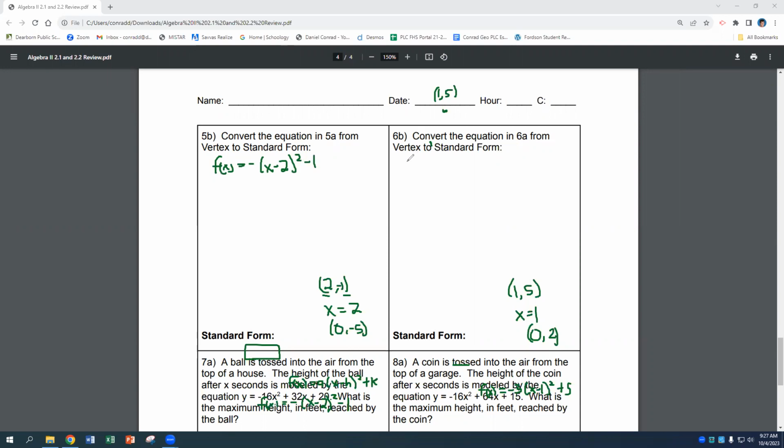And then over here we had f of x equals -3 x minus 1 squared plus 5.